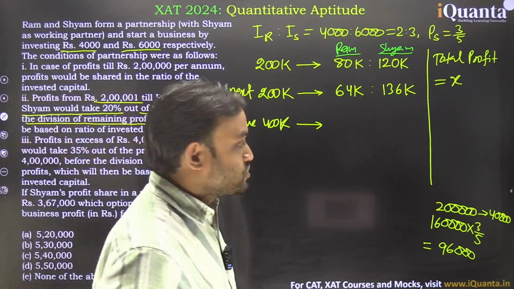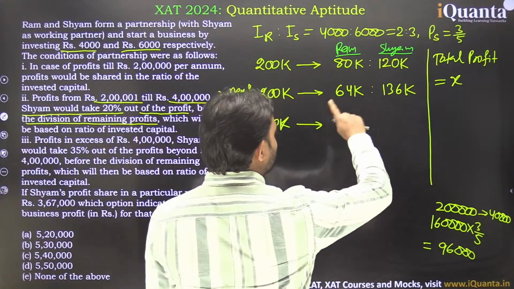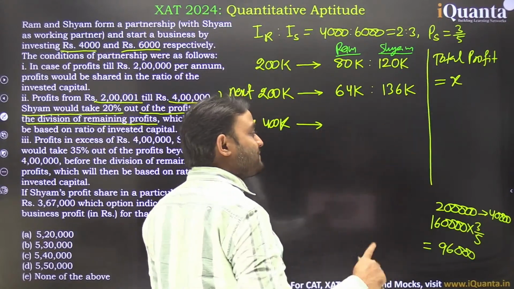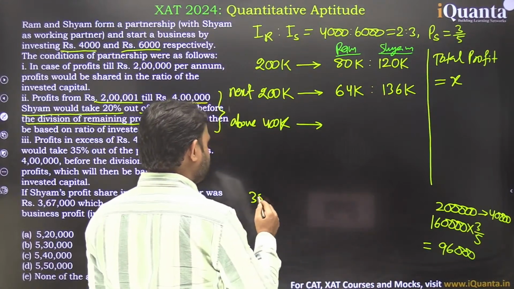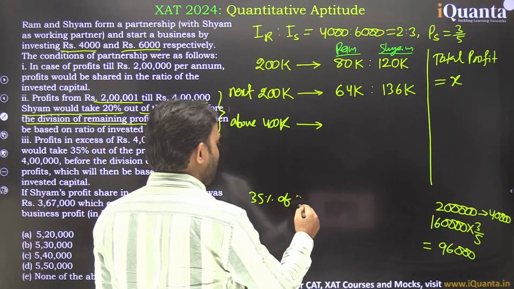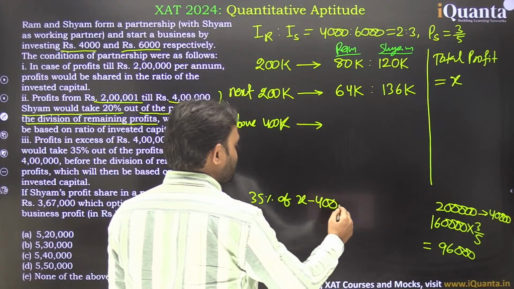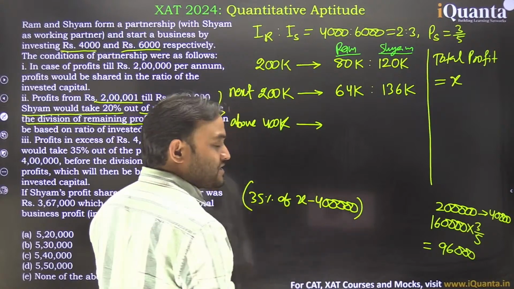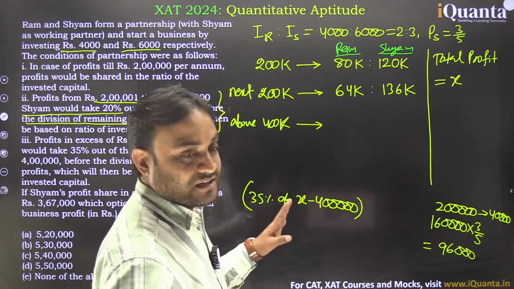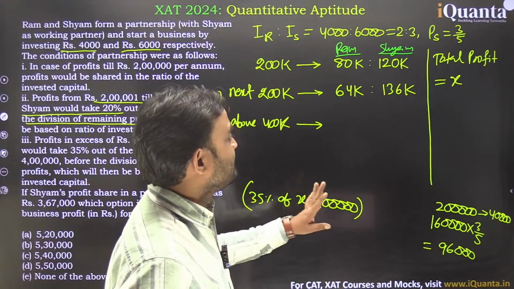Okay? So in that case, what will happen? First, he will take 35% of what? 35% of X minus 4 lakhs. This he will take.